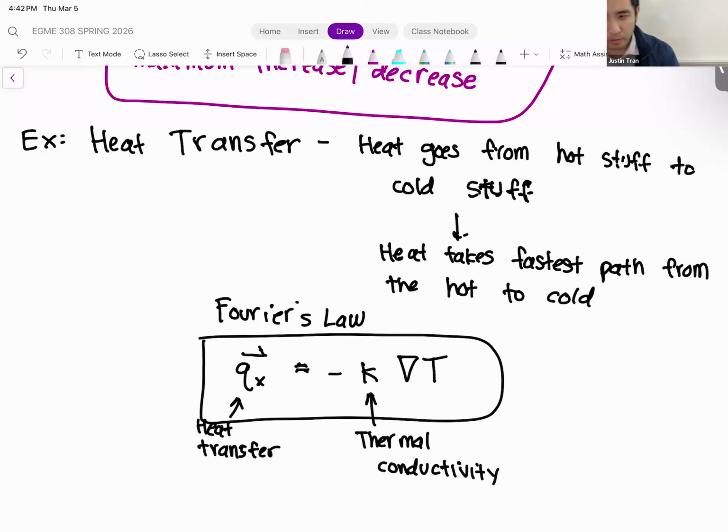For our class, that's not really important, but I thought I would mention it. But the most important thing here is our gradient variable.